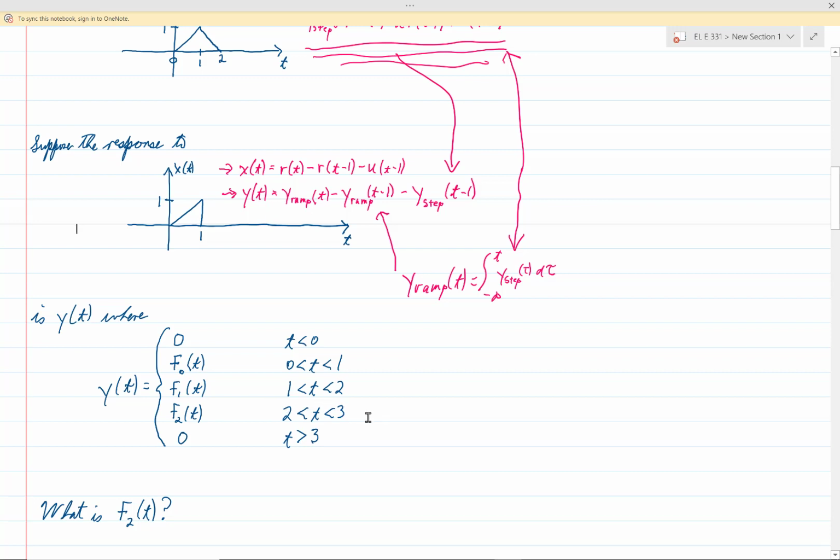So that's what we have. And so now I'm going to go to a different page in my OneNote notebook to show you the solution of this problem. And again, this solution is available on Blackboard, but I thought that if I explained it, it would make it easier to understand.